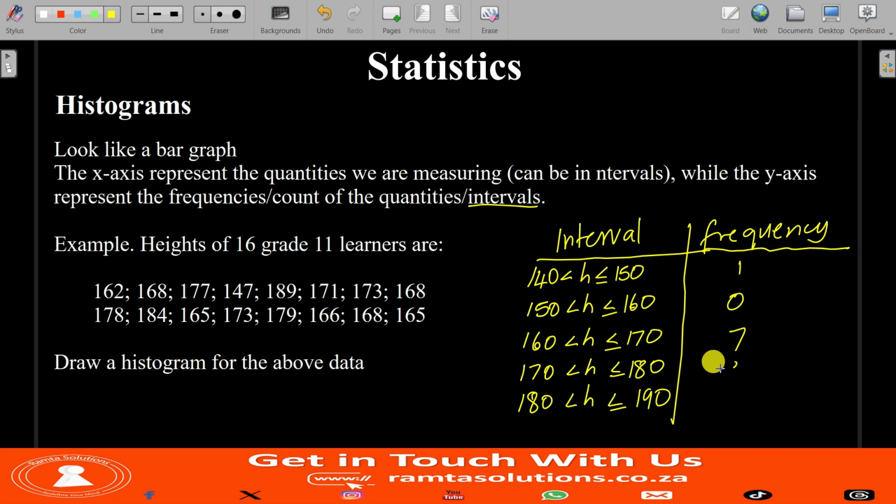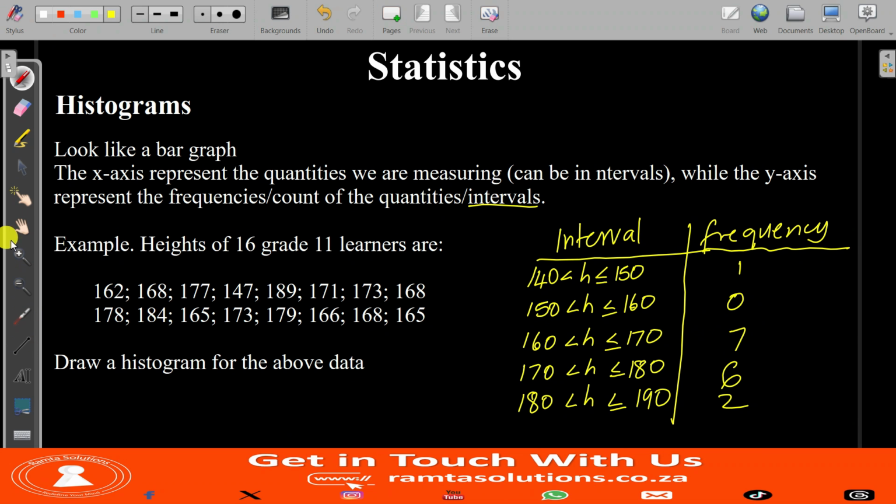Okay, 6. Those that are greater than 180 but less or equal to 190. 1, 2. When we add these, their sum must be 16. Okay, it's 16. Then it means we are fine.